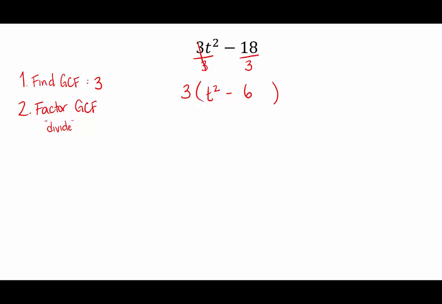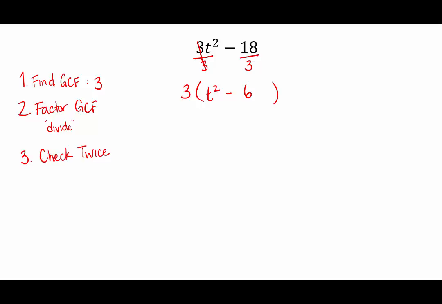So now we want to check two things. So our third step we could say is check twice. The first thing we want to check is to make sure that this polynomial inside the parentheses does not have any GCFs. So t squared and negative 6, those don't have anything in common besides 1, so we're good there. The other thing we want to check is our answer.